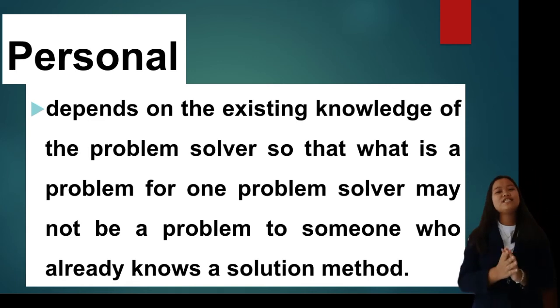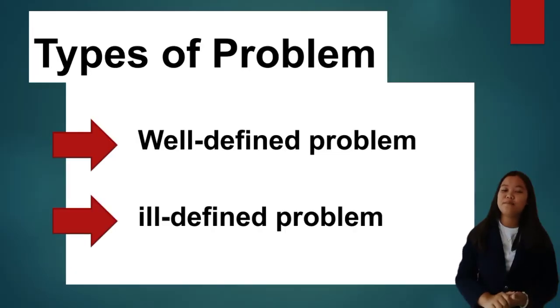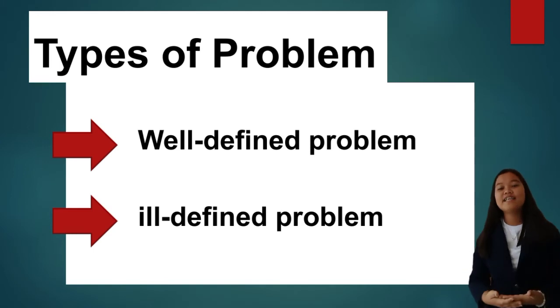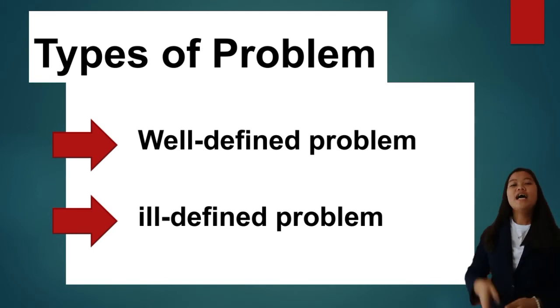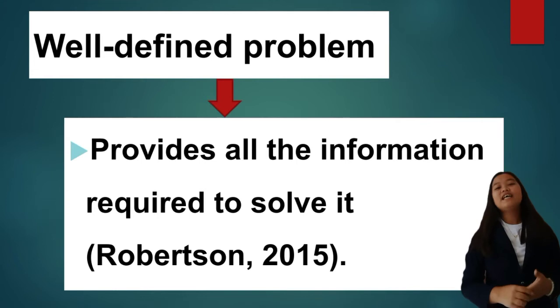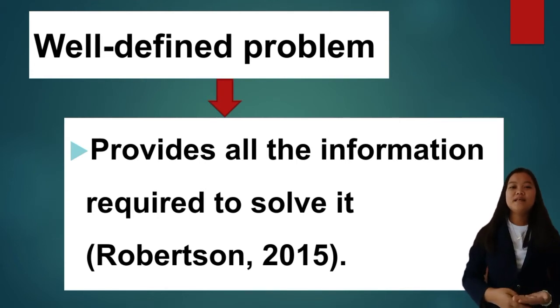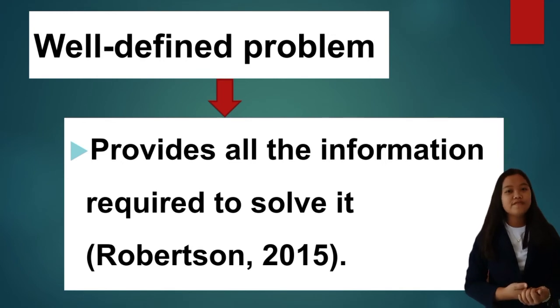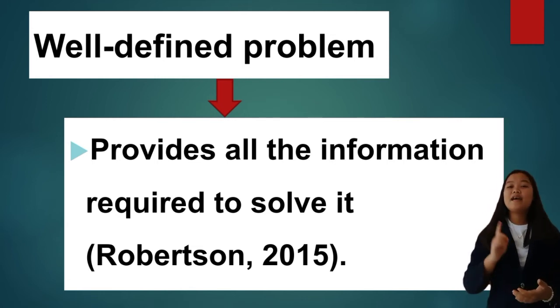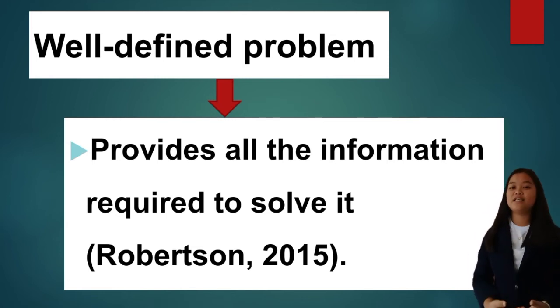And now, let's move on to the two types of problem, which are the well-defined and ill-defined problems. In a well-defined problem, the given state of the problem, the goal state of the problem, and the allowable operators or moves are each clearly specified. Well-defined problems may be either routine or non-routine.